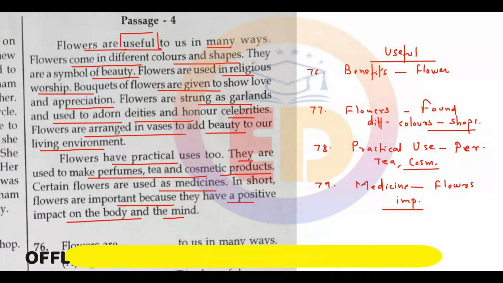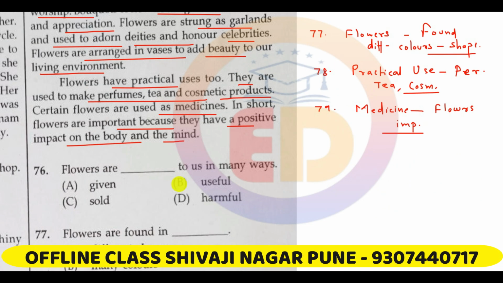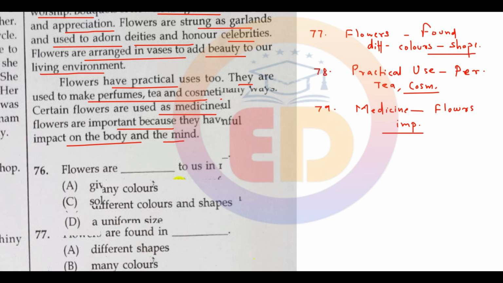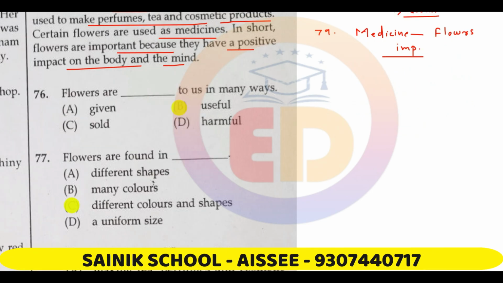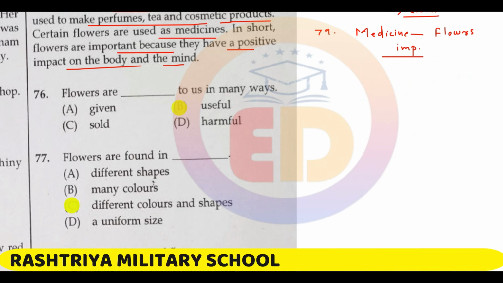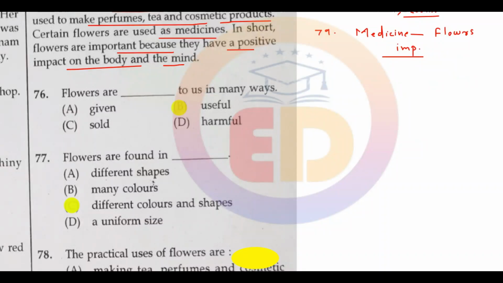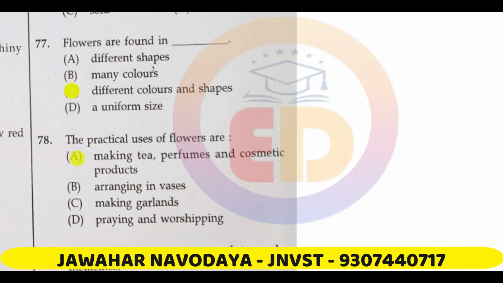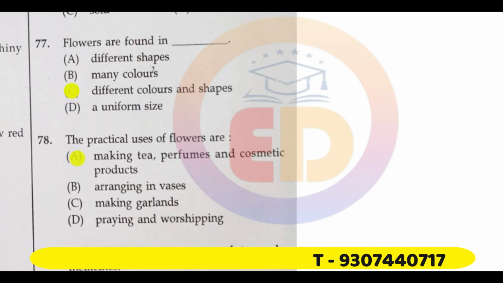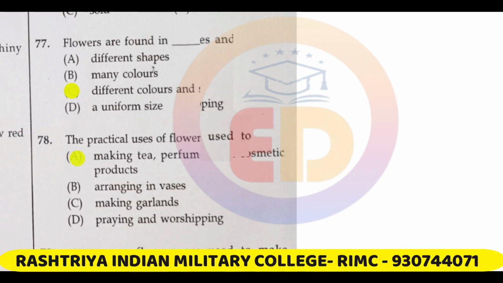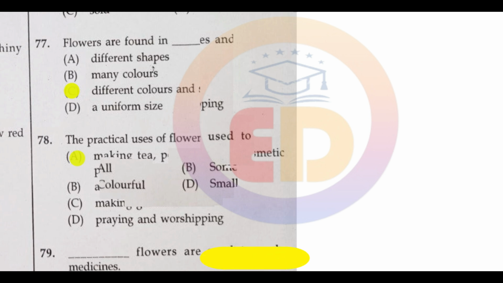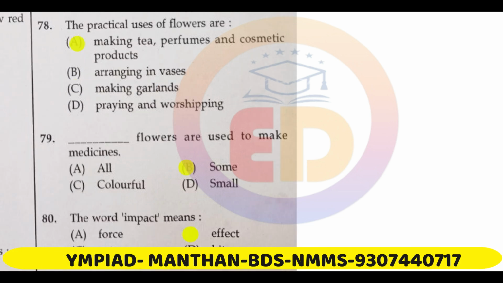Flowers are, option B, useful to us in many ways. They are found in different colors and shapes. So question number 77 answer is C. Practical uses of flowers are making tea, perfume and cosmetic products. Actually the answer will be some flowers are used to make medicine.